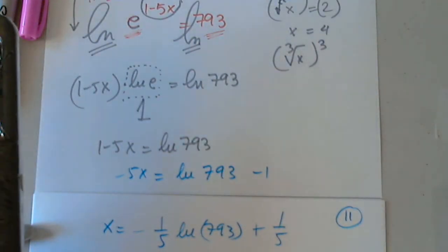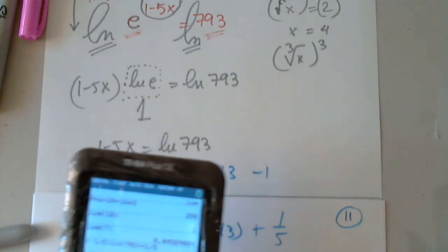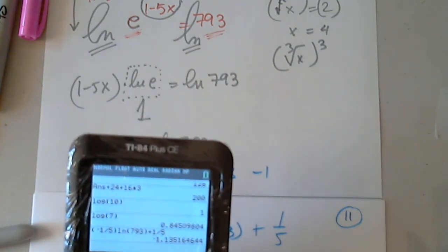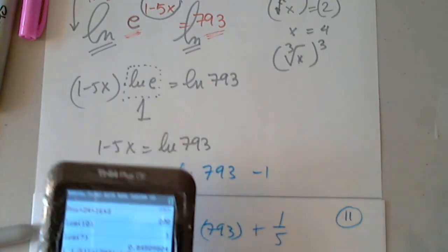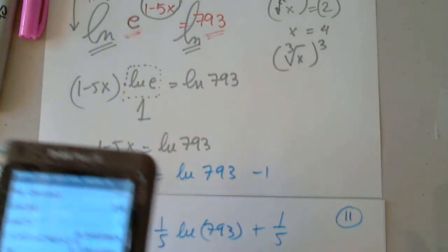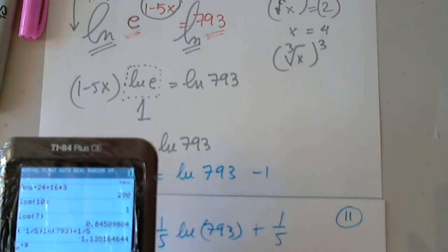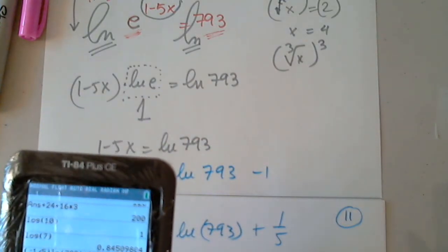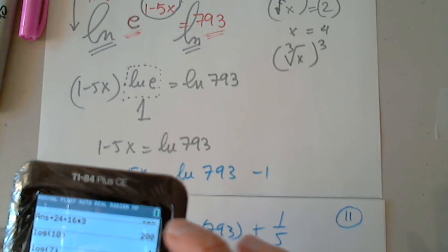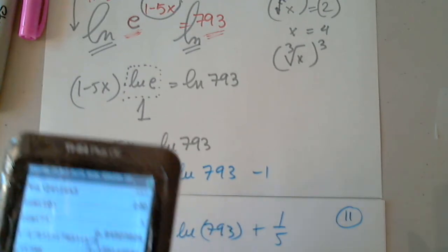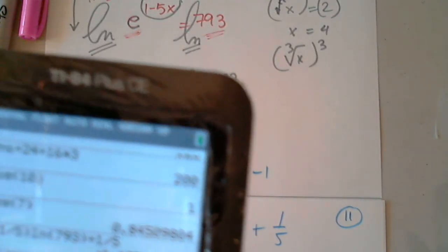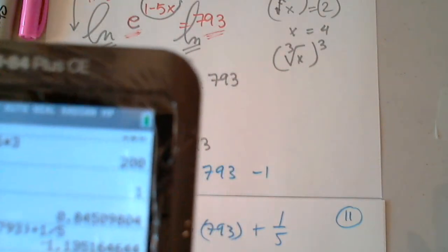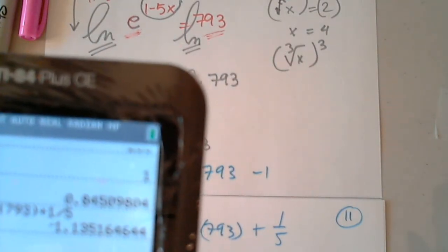And now you can say, show me that this works. Fine, I will. So I will take e, put parentheses, 1 minus 5 multiplied by, I will not delete the answer, second and previous answer. And when I press enter, if I don't get 793, something is terribly wrong.